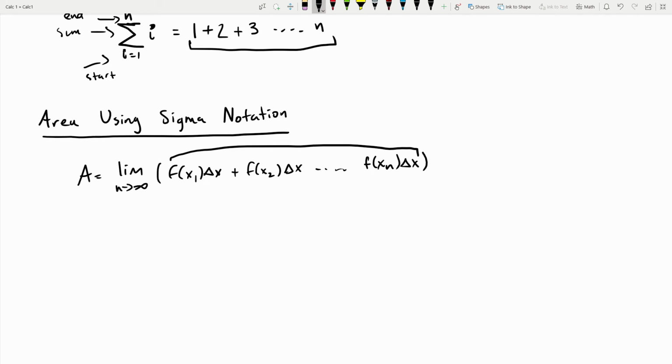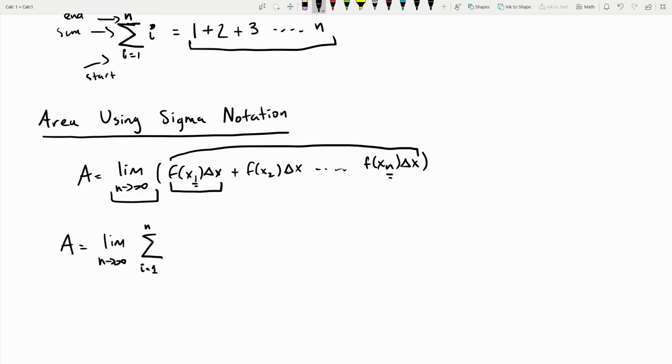So we can express that using sigma notation, and all we say is that A is equal to the limit as n approaches infinity. We're going to keep this portion of it here, and the new portion, the stuff that I've highlighted, is going to equal the sigma. We want to go all the way up to n, starting from 1, so i equals 1 all the way to n. And what are we going to sum up? Well, we're going to sum up these terms.